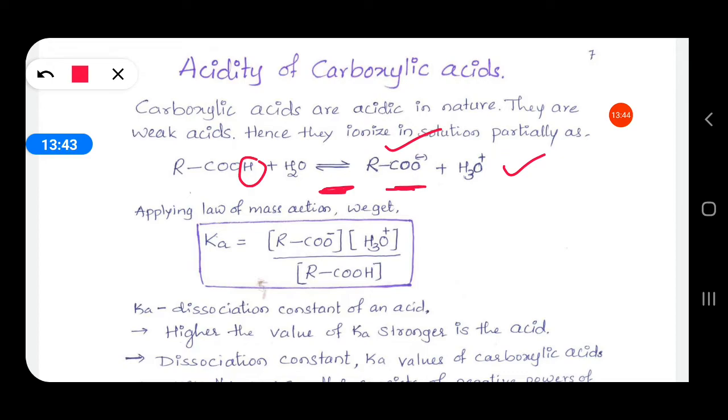Ka is equal to the product of the concentrations of the two ions, divided by the concentration of the acid, RCOOH. So here, as the ion concentration increases, the Ka value increases.